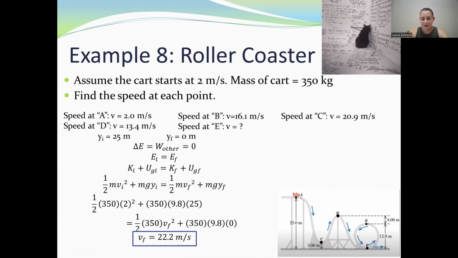Were we supposed to go through the math on our own or together? Yeah, you're welcome to. I have it all written out for you, but if you would like to check my work with your own calculator, you are definitely welcome to do that. But like I said, since I'm using point A as my initial point for each of those, like speed at D, speed at B, C, E, all of those use A as my initial.